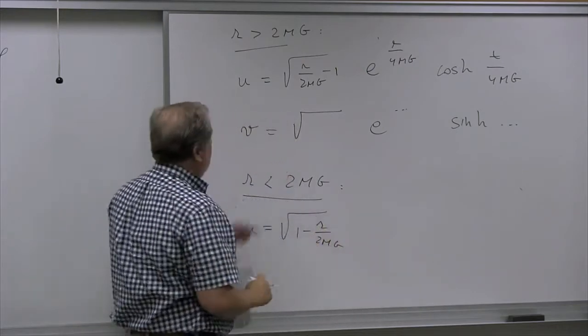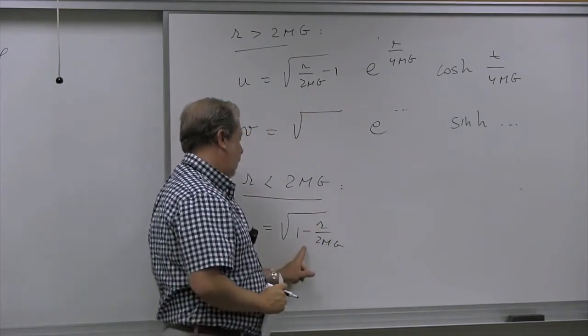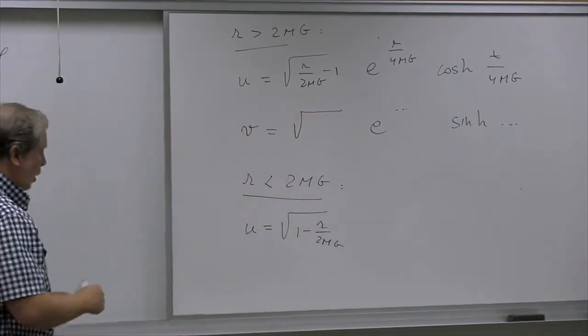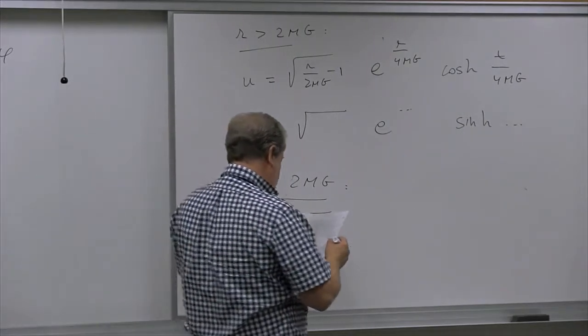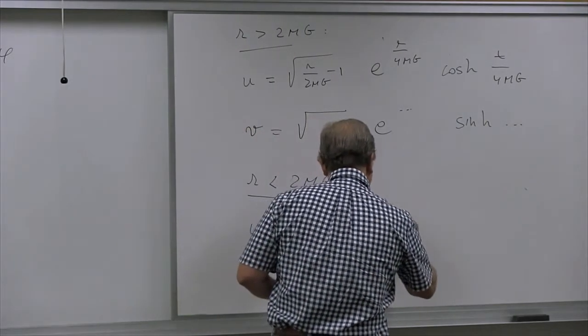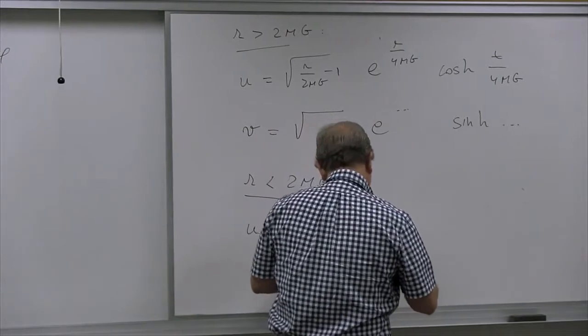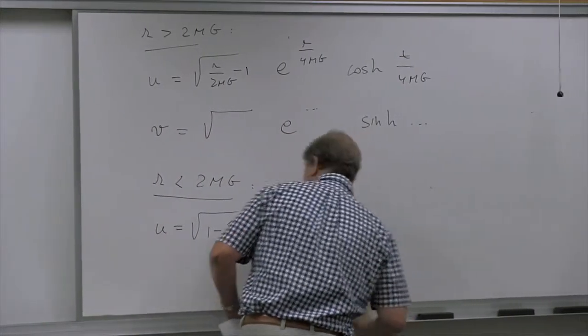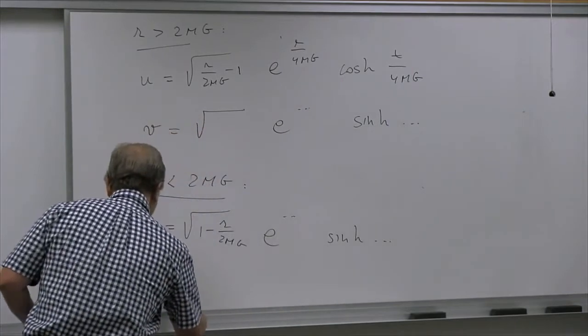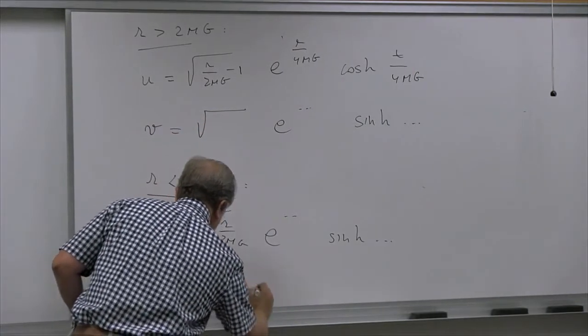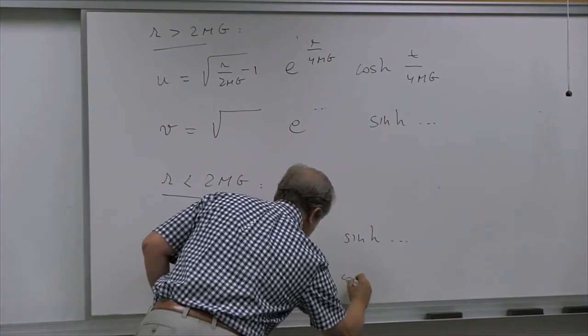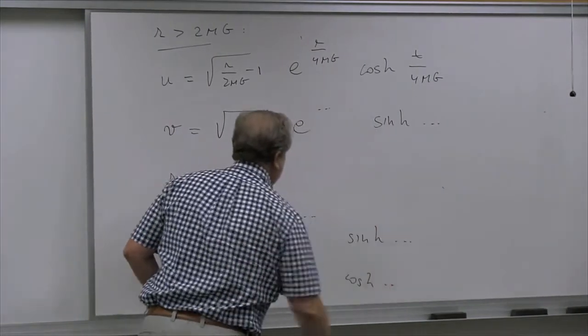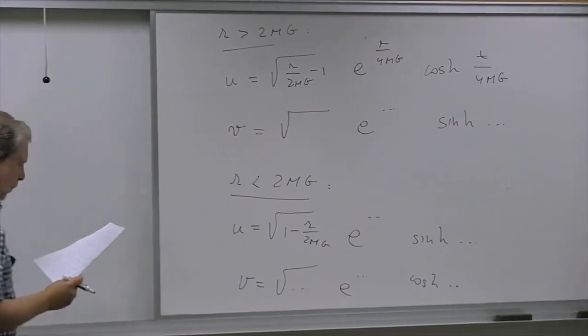So you notice that there has been a sign change in the argument to the square root, and then the rest is pretty much the same. So e to the dot dot dot times the cosh. The first one becomes a sinh, and the v is the same square root times the same exponential times the cosh of the same argument that we had up there, right?